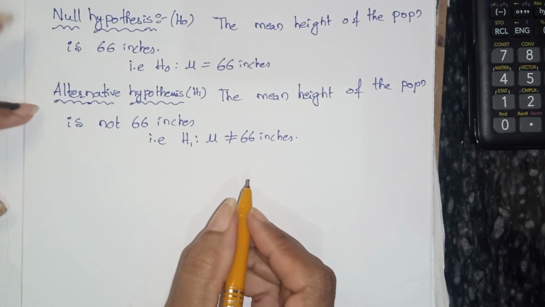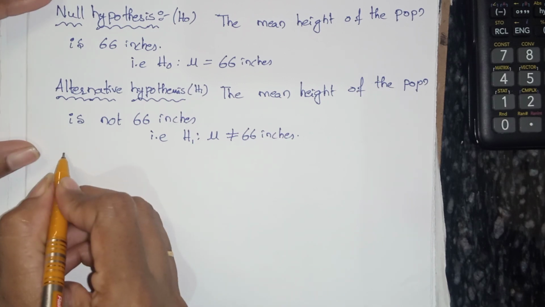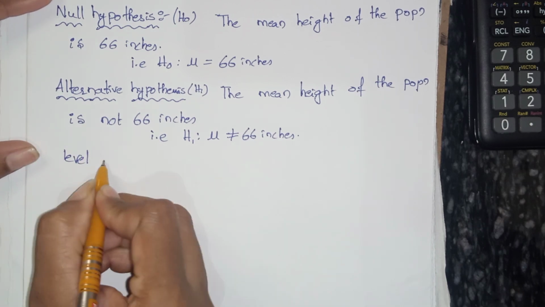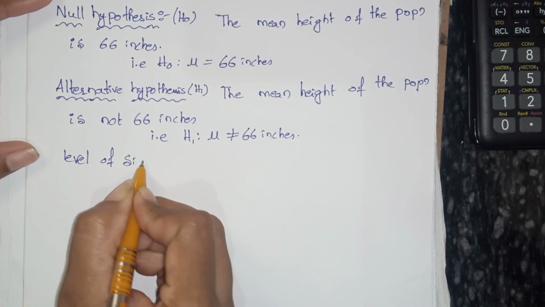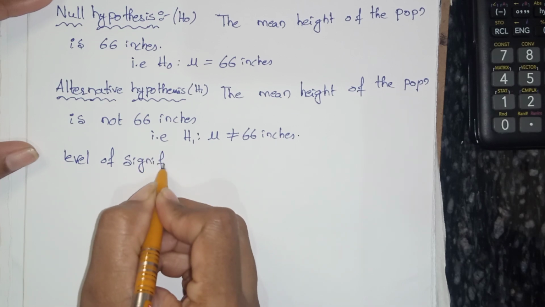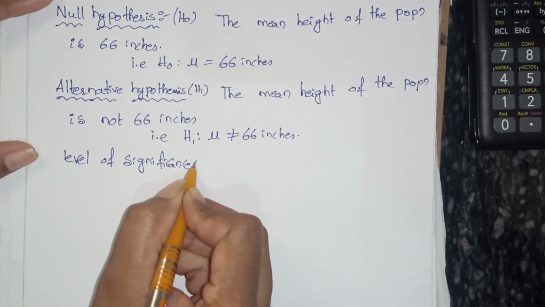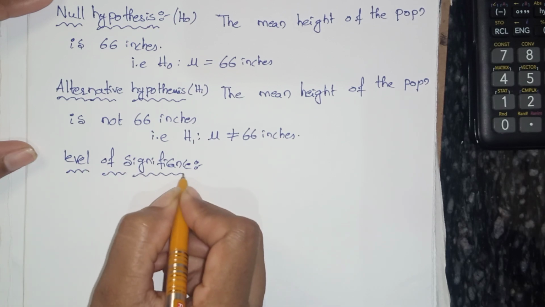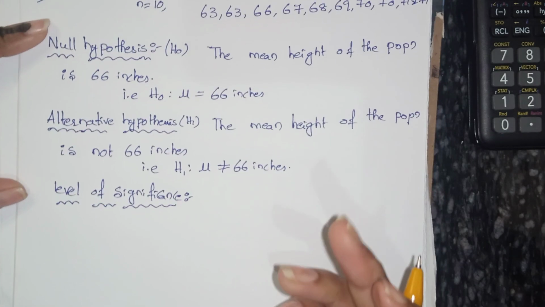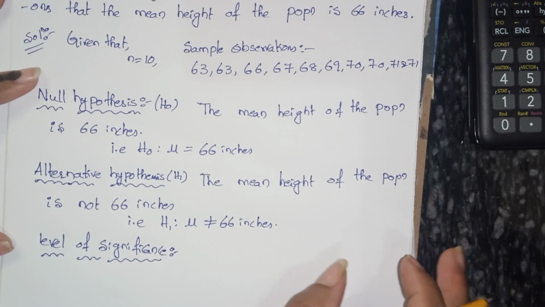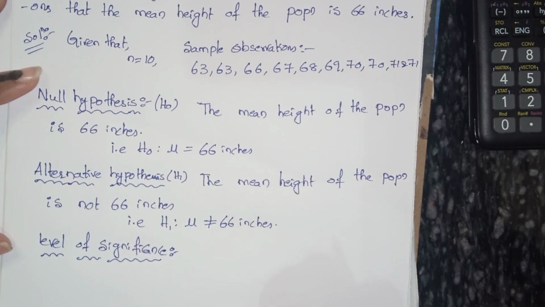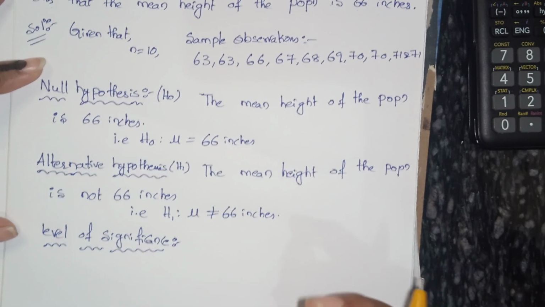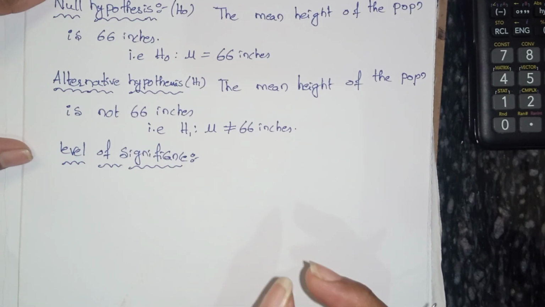Next is the level of significance. The level of significance is a table value, or we can say a critical value. As I told you, here we are going to use the t test, so we have to see the t table and select the critical region.